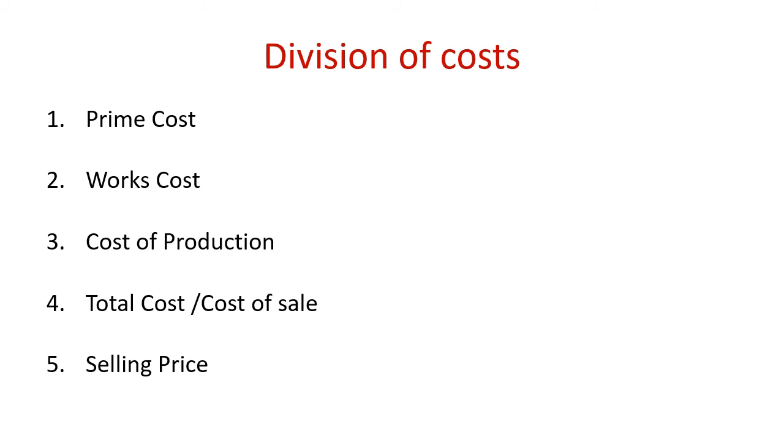After learning elements of cost and their difference, we learn about division of cost. First division is prime cost. This is the total of direct material, direct labor, and direct expenses.